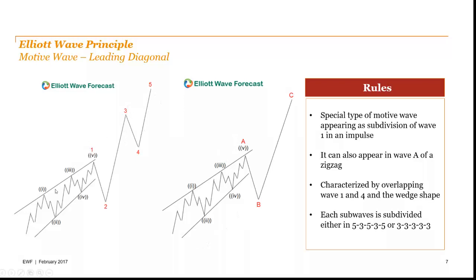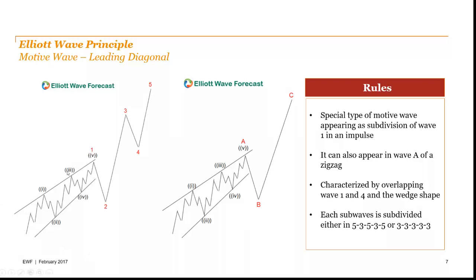Now, what do you see here that tells you it is not an impulse? There is something happening here that tells you this cannot be an impulse. Number one, it looks like it is converging. Number two, overlapping.